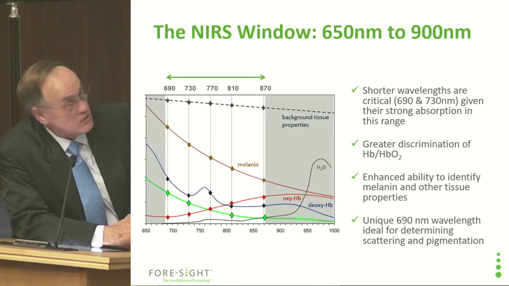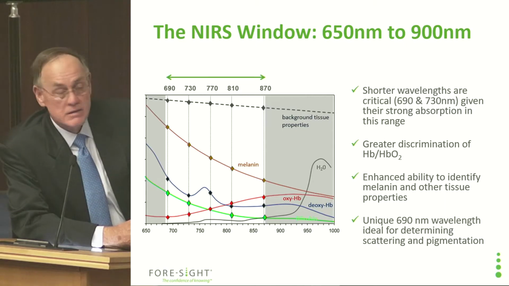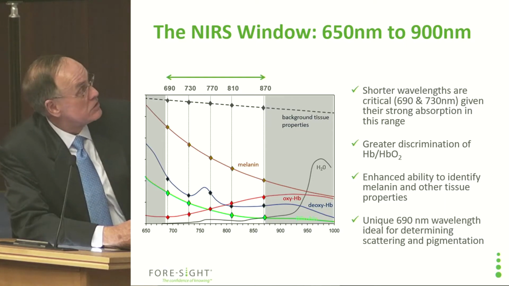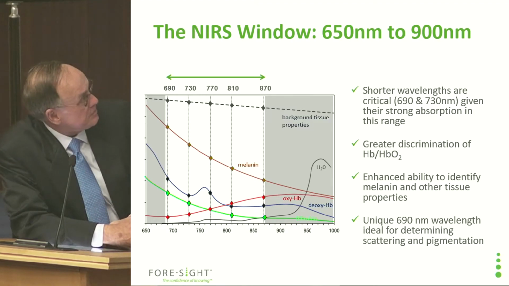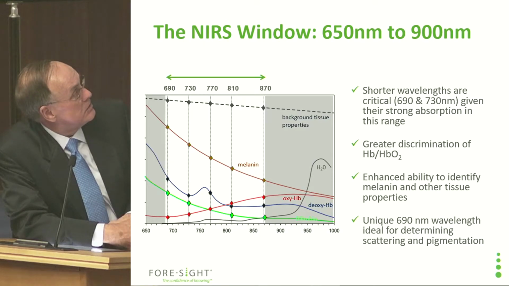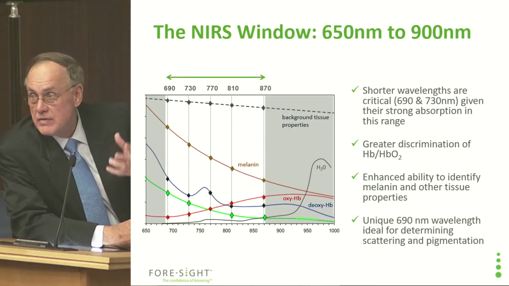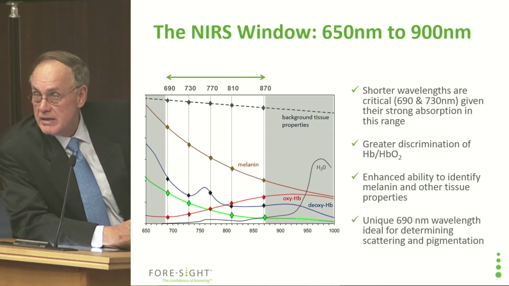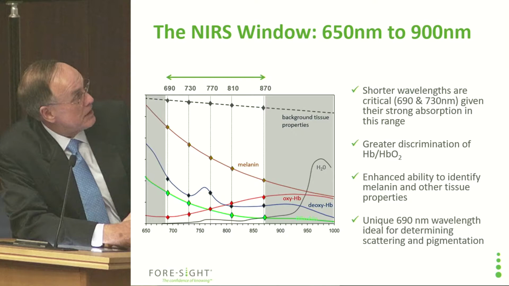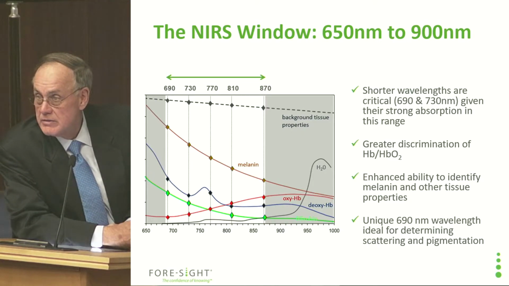So we use this wavelength 810 to determine the total hemoglobin, light absorption, versus the light being absorbed by the other tissue properties. And then we compare that to these other 4 wavelengths. And you can see that at each of the wavelengths, there's a different light absorption amount by all the different substances we look at. And by making comparisons for all of these, that's how we calculate the saturation value.